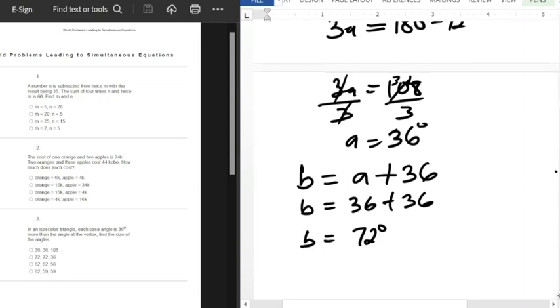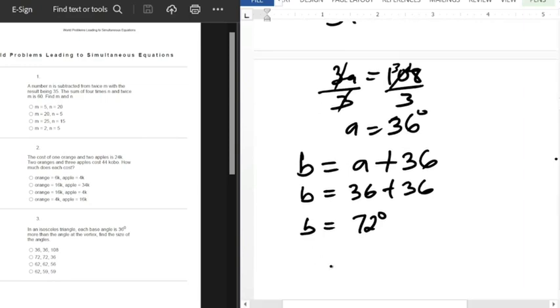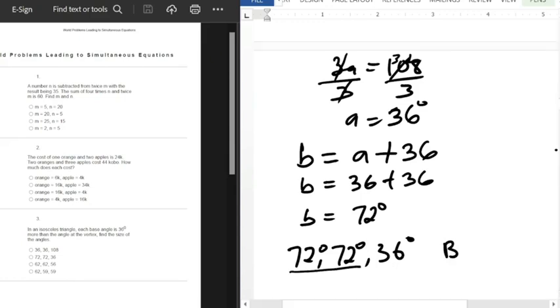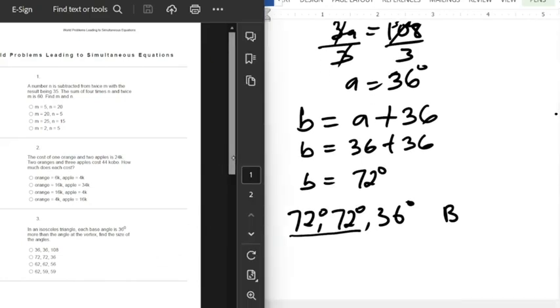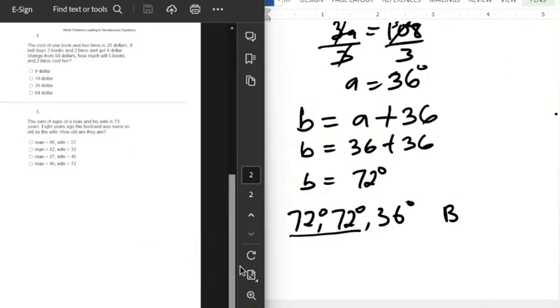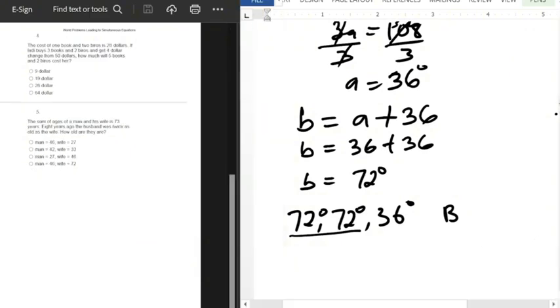So the base angles, which are just 2, is 72 degrees, 72 degrees and 36 degrees. I hope that is very clear. So that is going to be option B there. And if you add all these together, you're going to get 180 degrees. So move to question number 4 now.